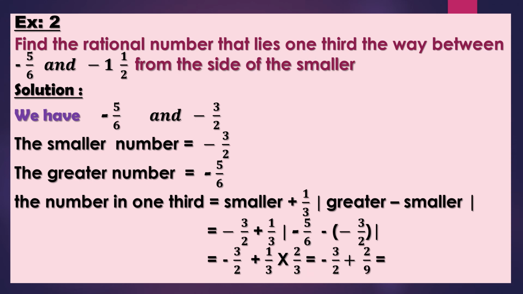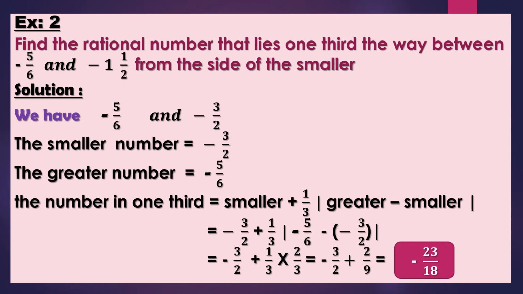In the absolute value we have negative, but the absolute value removes the negative sign of the number, so we have negative 3 over 2 plus 2 over 9. It will be negative 23 over 18.